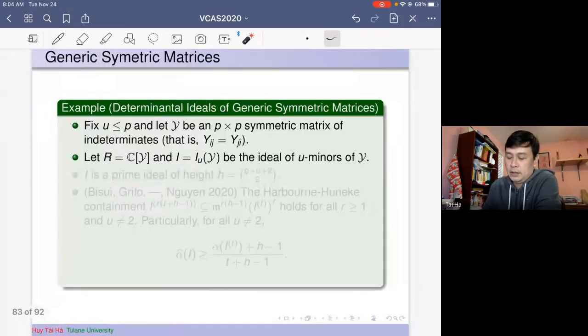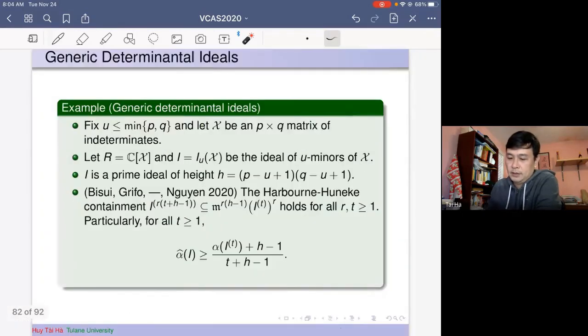It is known for the determinantal ideal of a generic matrix, for the determinantal ideal of a generic symmetric matrix, and for the Pfaffian ideal of a generic skew-symmetric matrix.